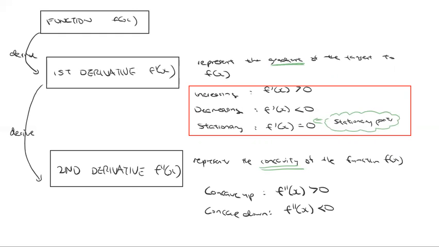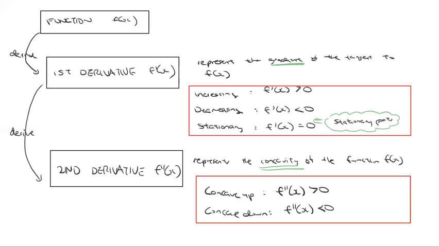Do you notice anything that we're missing? We've talked about concave up, second derivative being strictly positive, concave down, being second derivative strictly negative. Are we missing anything? Can it be equal to 0? Right, there's got to be a case of when it equals 0.